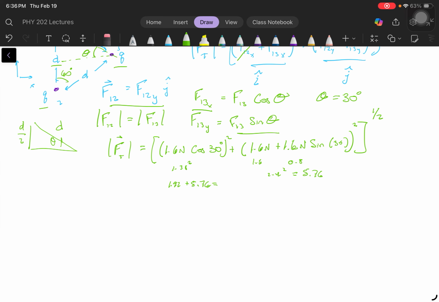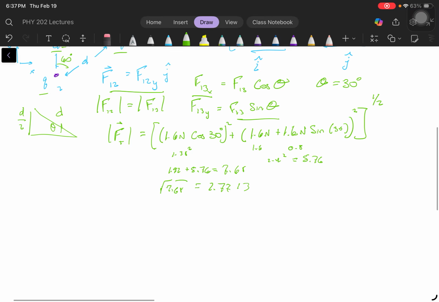We get 7.68, and we square root that. So we have the square root of 7.68 is equal to 2.77. And so we can go ahead and say the magnitude of F total is roughly equal to 2.77 newtons.